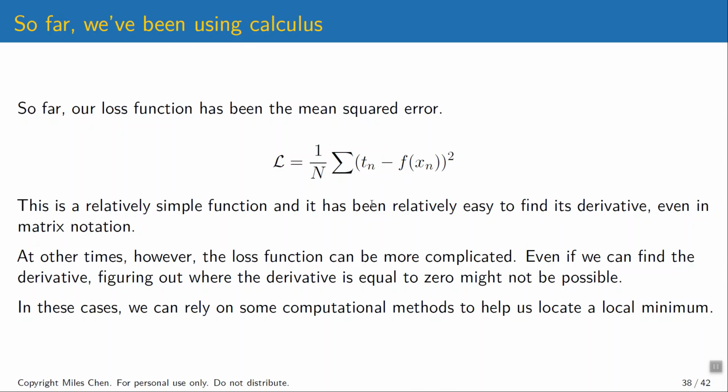However, in the future, we might have more complicated loss functions. We might be able to find the derivative, but solving for where the derivative is equal to 0 might be an impossible task, or just really difficult to do.